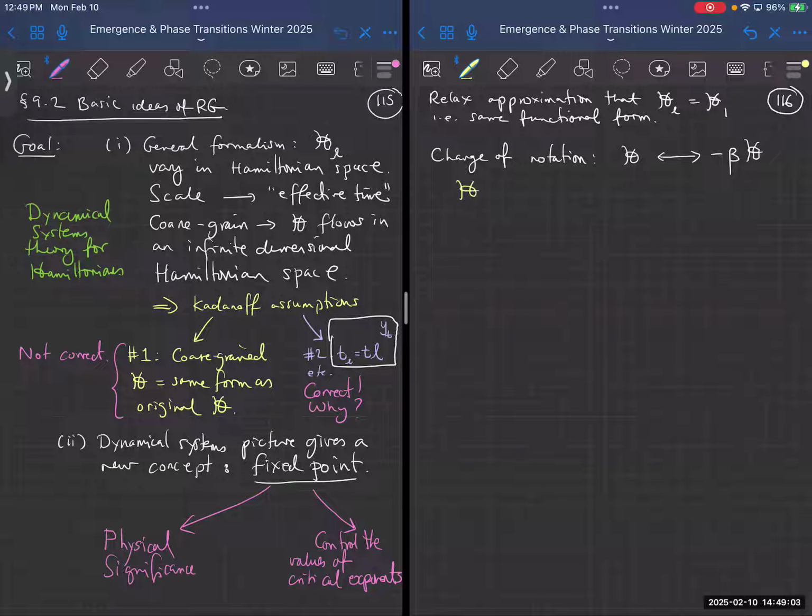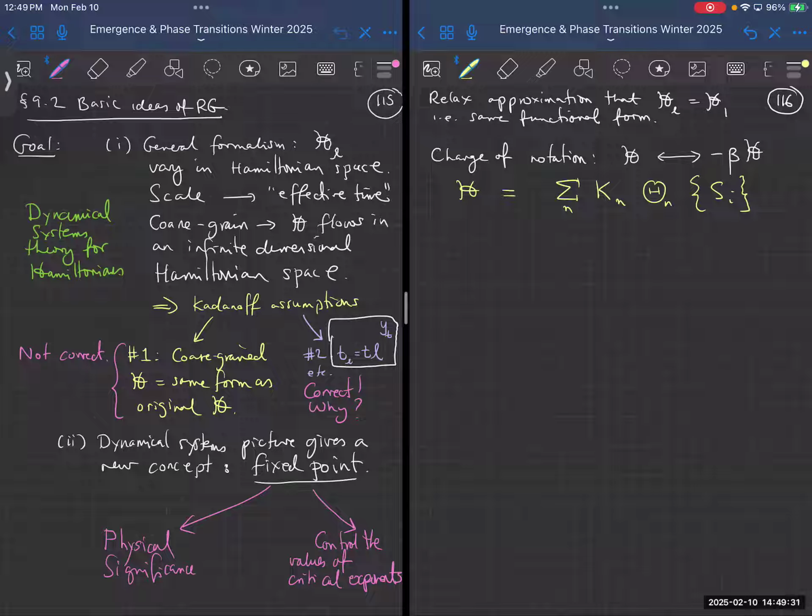Now, what we are going to write as the Hamiltonian is as before. We can write it as a sum of terms with the coupling constants, times these operators theta n, which are local operators of the underlying degrees of freedom. I will use the notation that these underlying degrees of freedom are spin variables, but they don't have to be. This formalism can be used for anything.